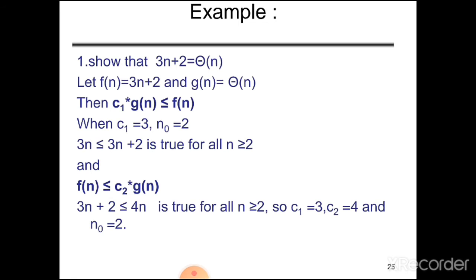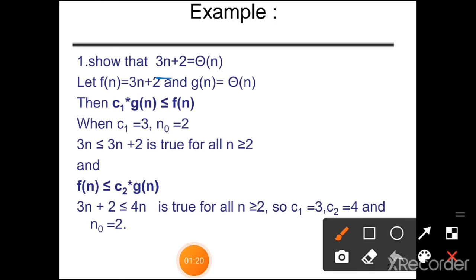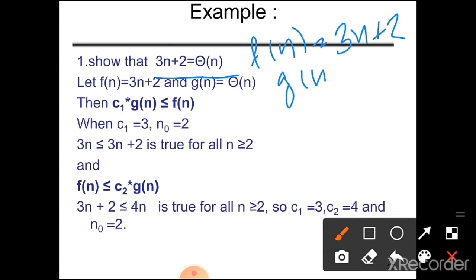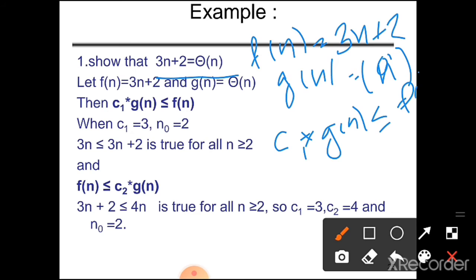This is an example: 3n plus 2 is equal to theta of g of n. So f of n is equal to 3n plus 2, and g of n is equal to n. So we need to find c1 into g of n less than or equal to f of n.